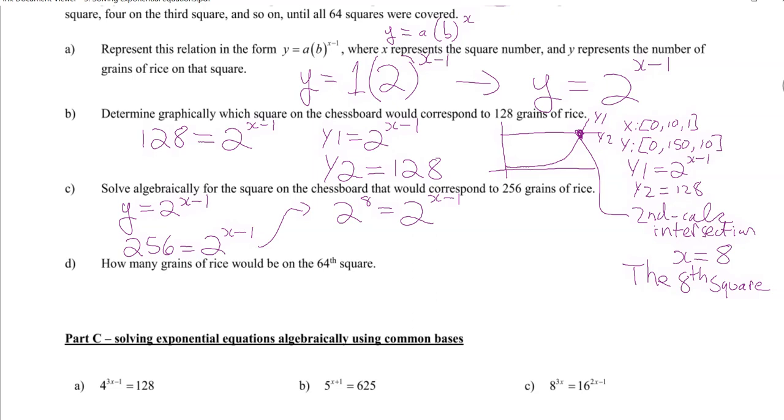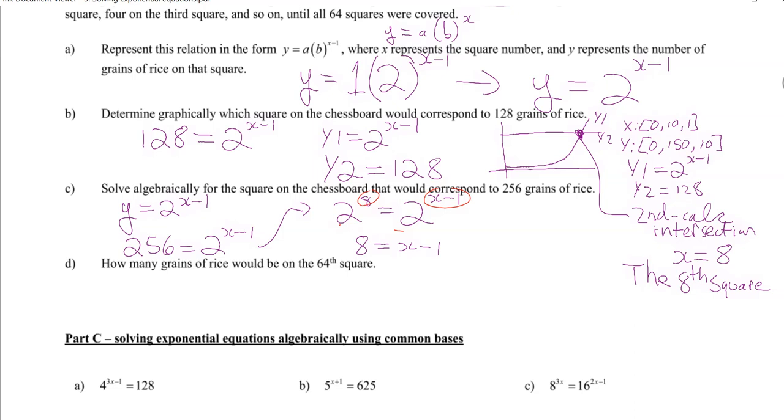So to algebraically solve an exponential equation, we need to get the base the same, right? The base of the power. When the base of the power is the same, what we can then say is, well, if these guys are both 2, then these two things here must be equal to each other. 8 has to be equal to x minus 1.